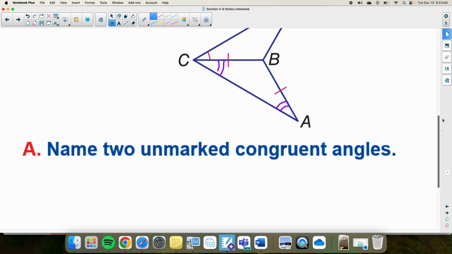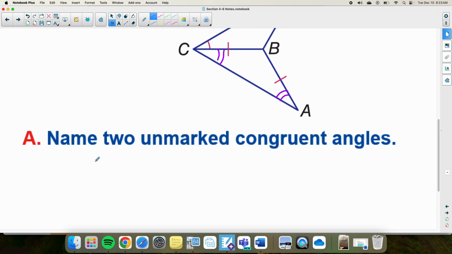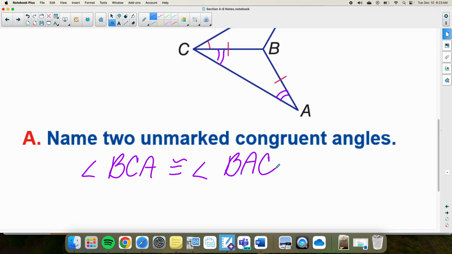Okay. So we're going to say angle BCA is congruent to angle BAC. Okay. So BCA is congruent to BAC.